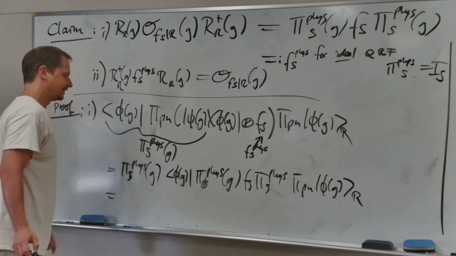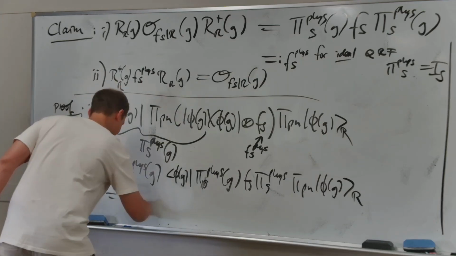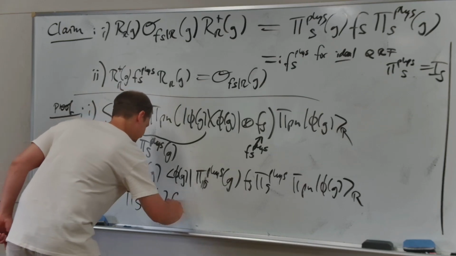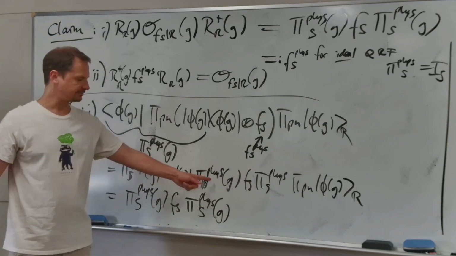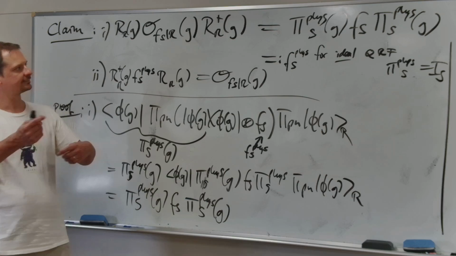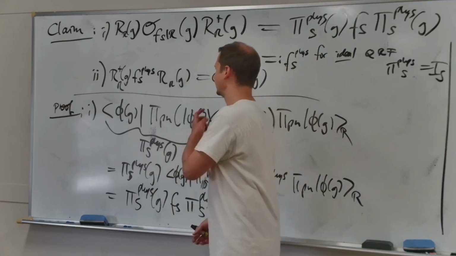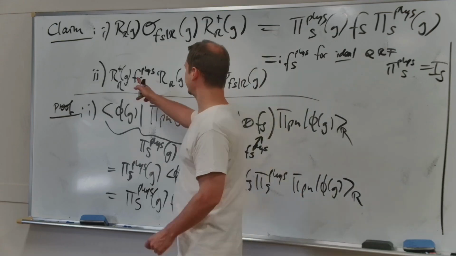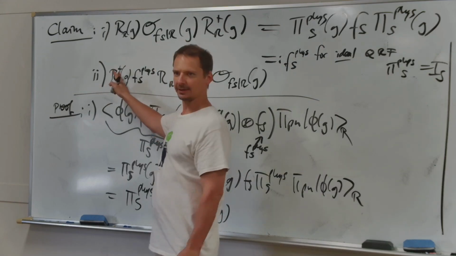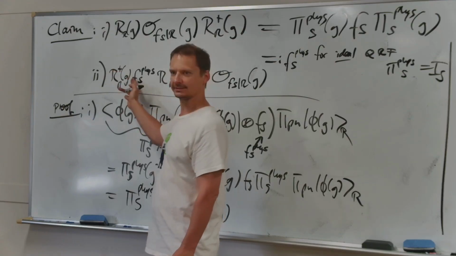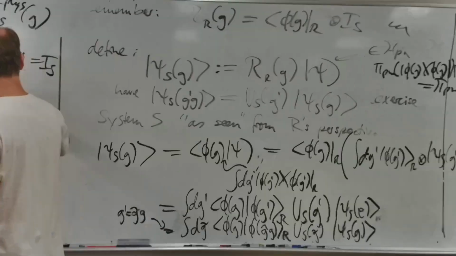I think that's an exercise for you because time's running out. What you have to do is insert the definition of what this is, play around a little, and see that this is true. I think the converse direction is probably immediate. Here you see I will get a pi phys. I get one part of the conditioning, and I get the other part of the conditioning which goes past this. So this is kind of trivial.